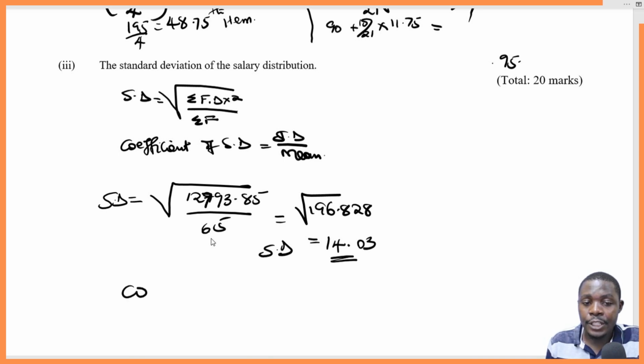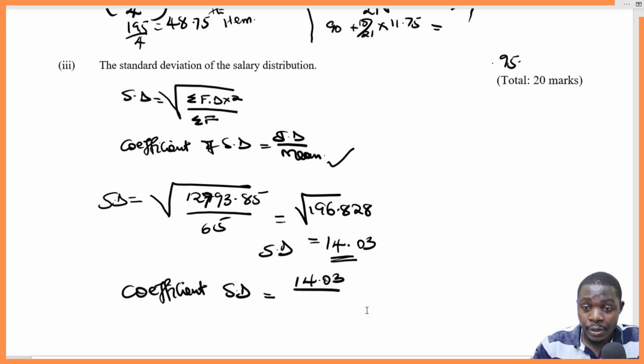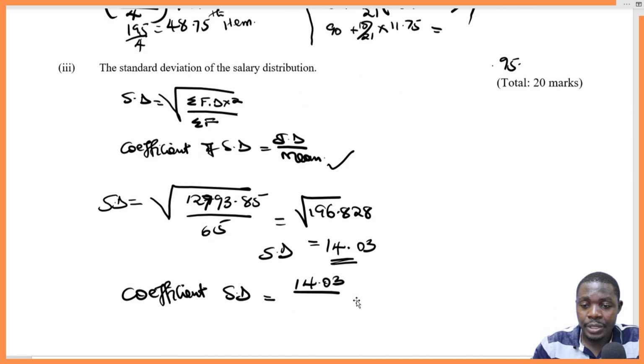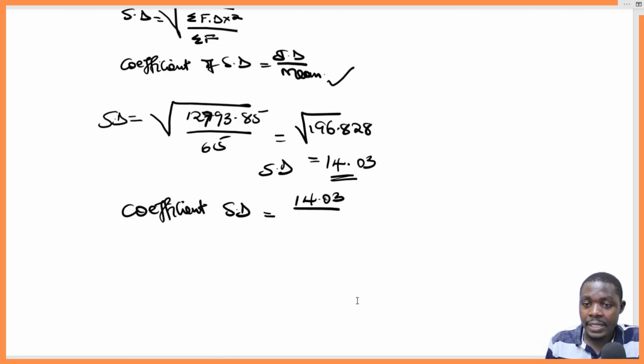Then we take the coefficient of the standard deviation, that is the standard deviation over the mean, which is 14.03 divided by the mean. The mean we got was 85.3.